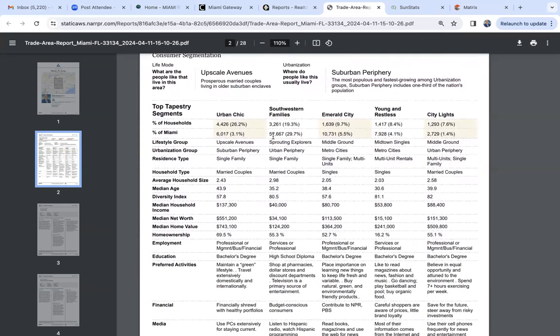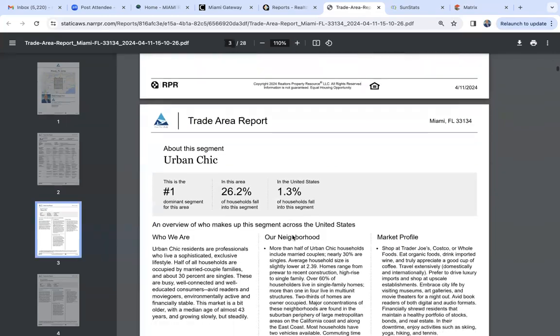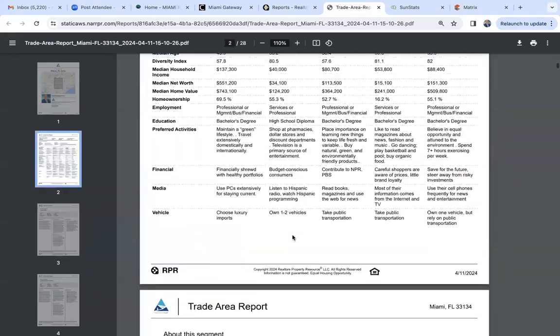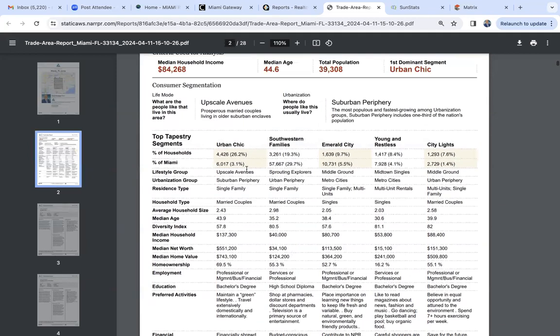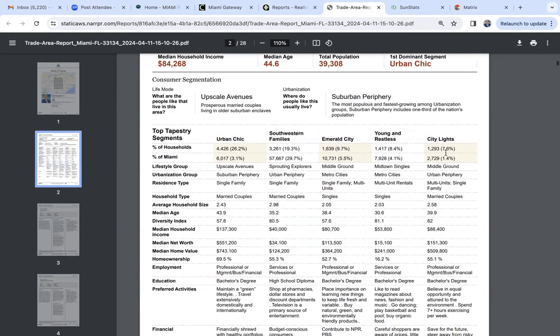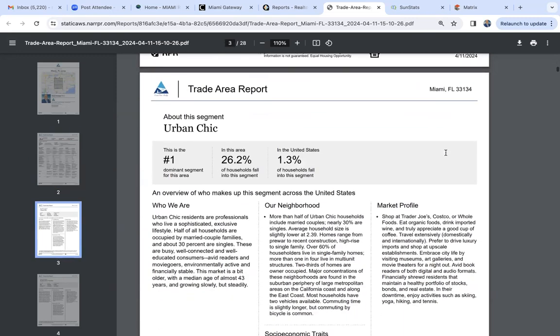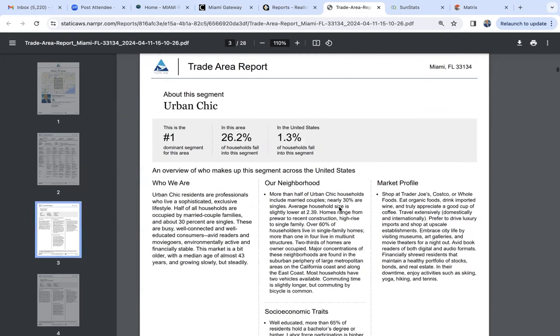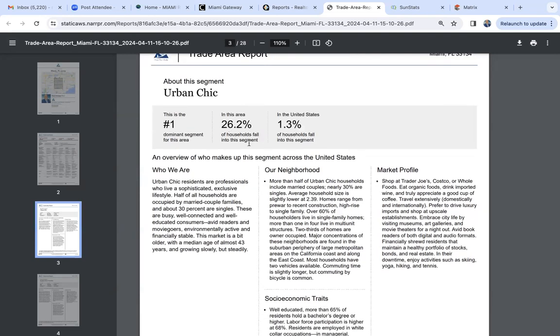Now, RPR is going to give you the 5 most dominant groups of residents in the area, and they're going to tell you what each of them stand for. So number 1 comes in Urban Chic, then Southwestern Families, Emerald City, Young and Restless, and City Lights. Trying to find out who lives in zip code 33134, number 1 group represents 26.2% of this zip code.